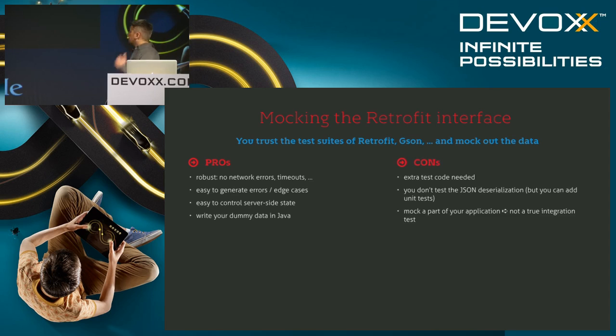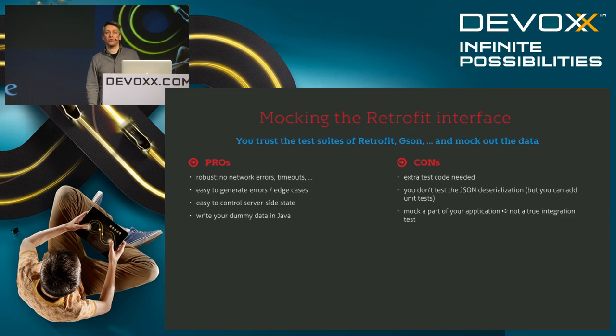The disadvantage is, of course, that you also need some extra code, and you don't really test the JSON deserialization. That's why, if you do something like this, I would always add some unit tests that test this part in isolation too. And of course, this doesn't really constitute a real integration test, so maybe you need to mix both approaches.